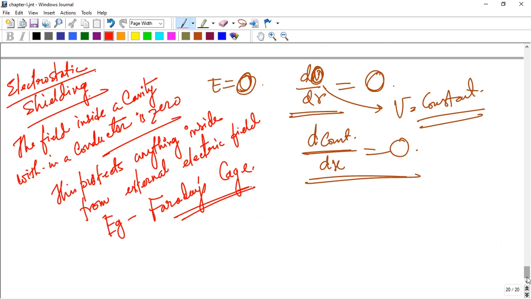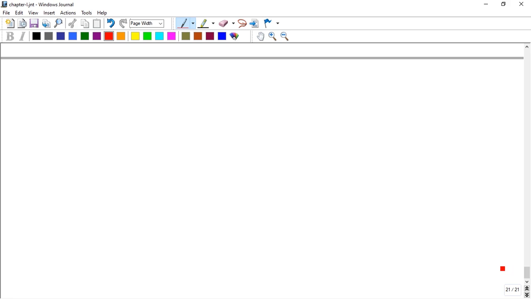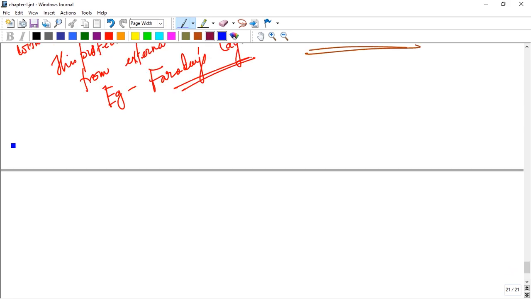Now, point number 4 of this concept: dielectrics and polarization. That's very important.